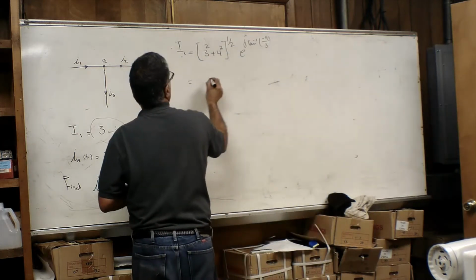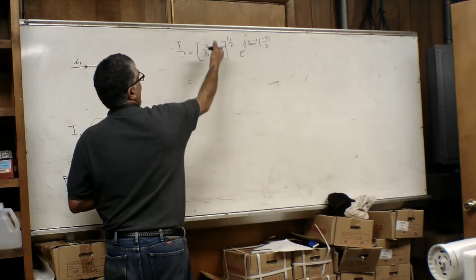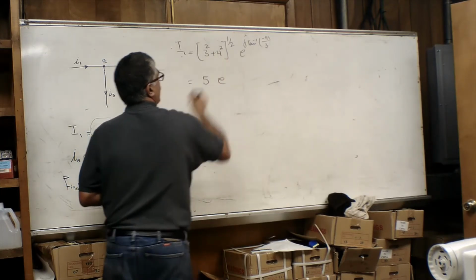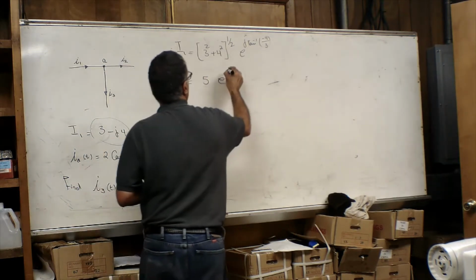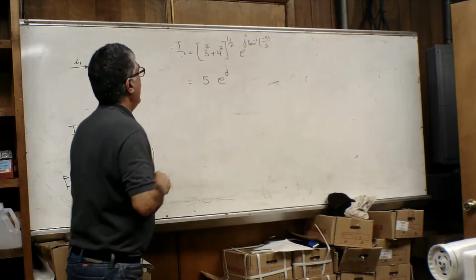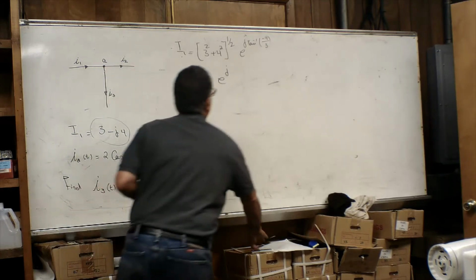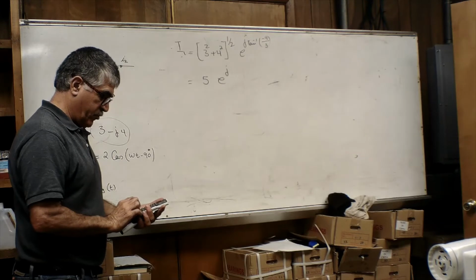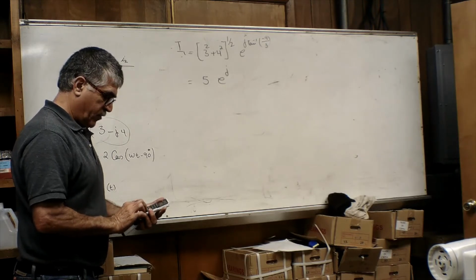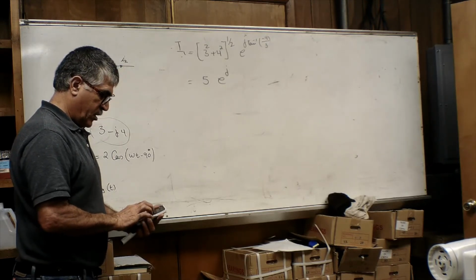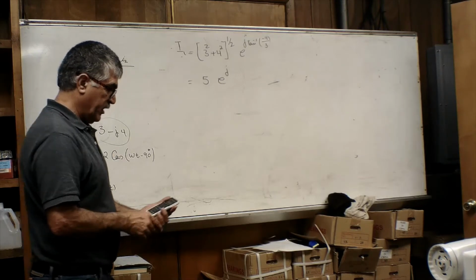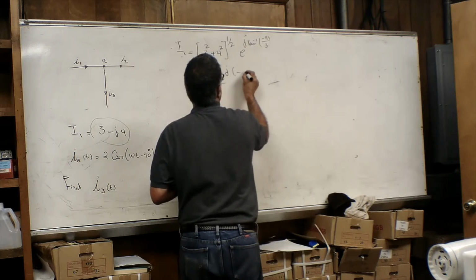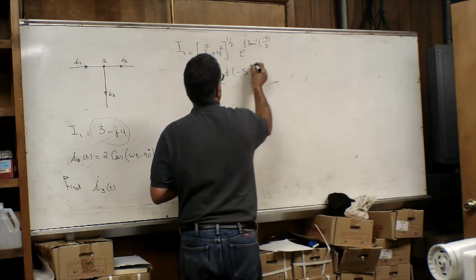So this is equal to the square root of 9 plus 16, which is 5, e to the power j tangent inverse of -4 divided by 3. The inverse tangent of -4 divided by 3 is 53 degrees, so it will be -53 degrees.